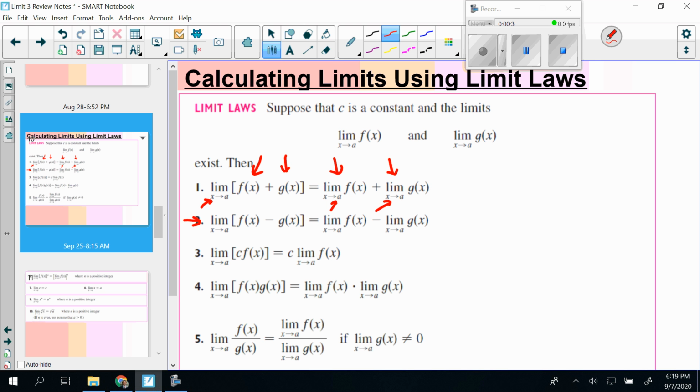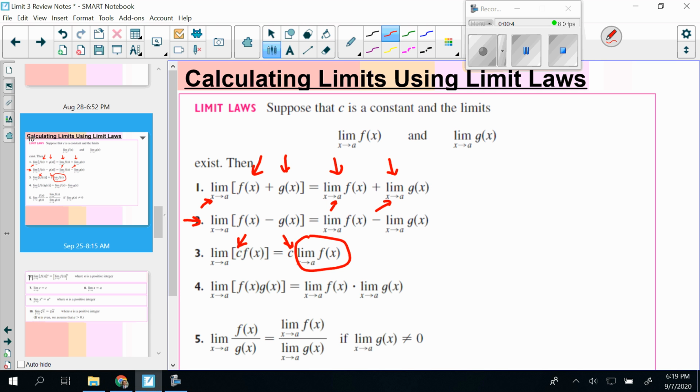If you have a constant c that is being multiplied to that function, you can pull out that constant and just focus on finding the limit of that function and then multiply the constant back to it.